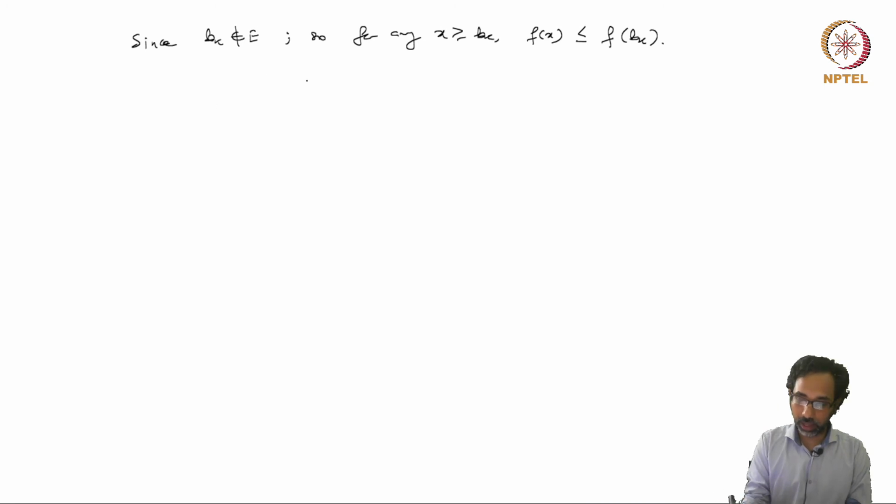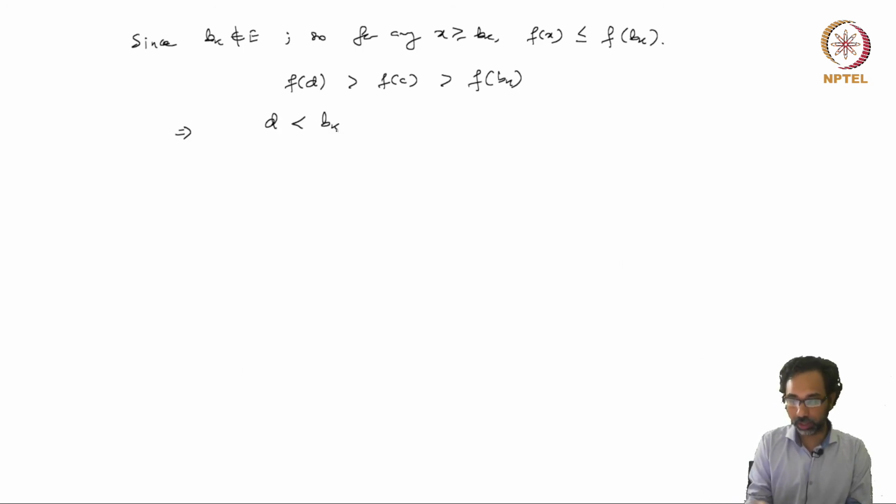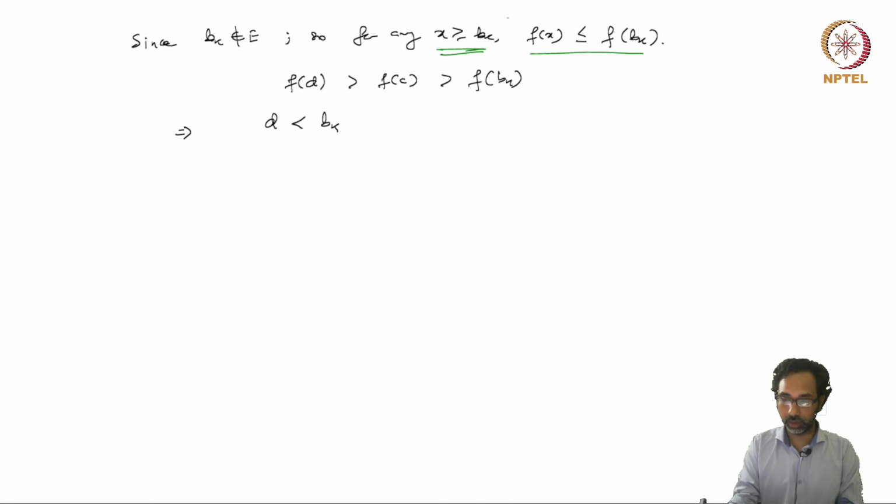So we had f(d) greater than f(c naught), but f(c naught) is strictly greater than f(bk) because it's the average of the values of f(ak) and f(bk). This implies that f(d) is greater than f(bk), which means that d must be less than bk, because for all values greater than or equal to bk we must have f(x) less than or equal to f(bk).